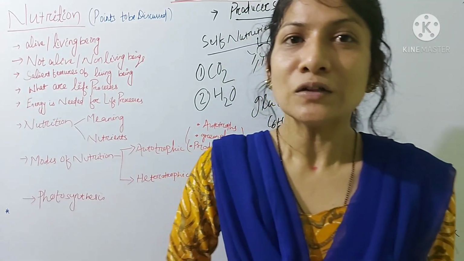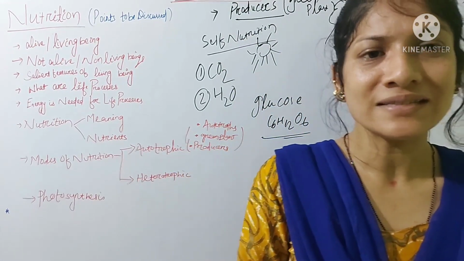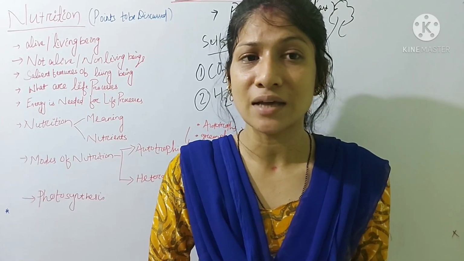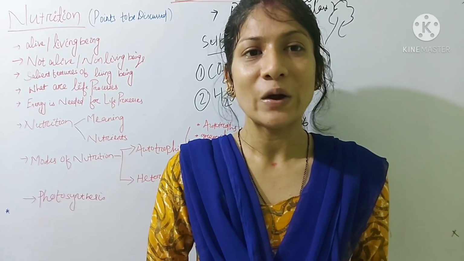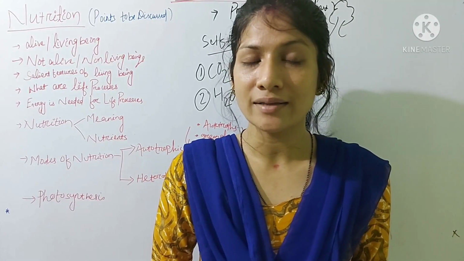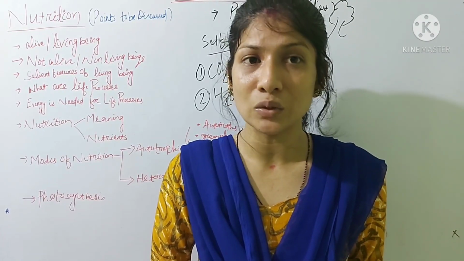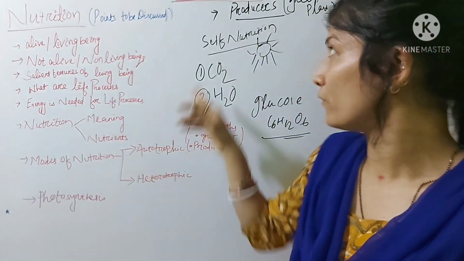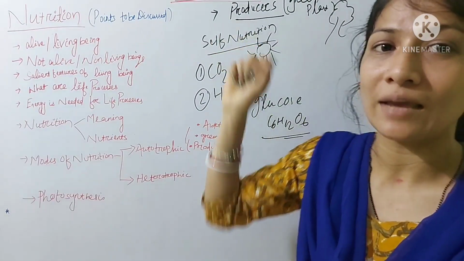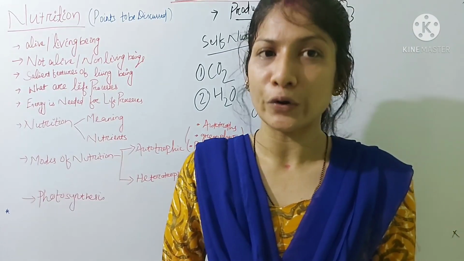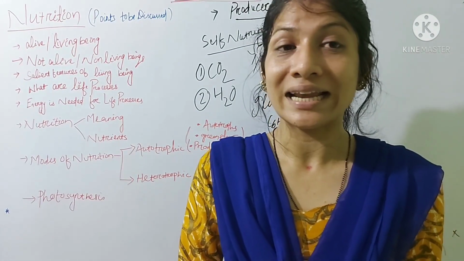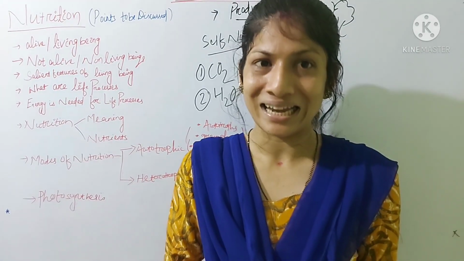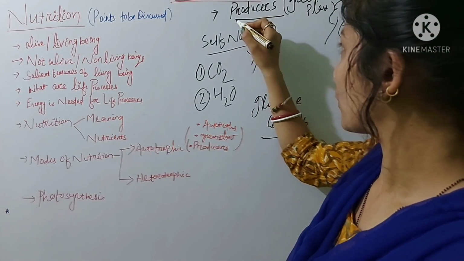Okay. So autotrophic mode of nutrition means self nutrition in which the organism make or synthesize their own food by using the inorganic raw material, that is carbon dioxide and water, and produce the simple sugar. And the organisms which can take part in the autotrophic mode of nutrition, we call them as producer or the autotrophs. Okay, the green plants are known as the autotrophs, and certain bacteria also come under the autotrophs.